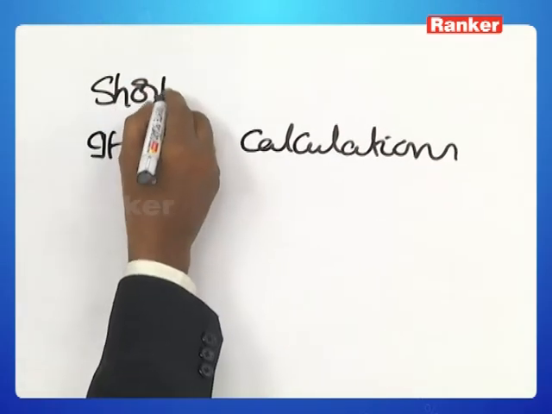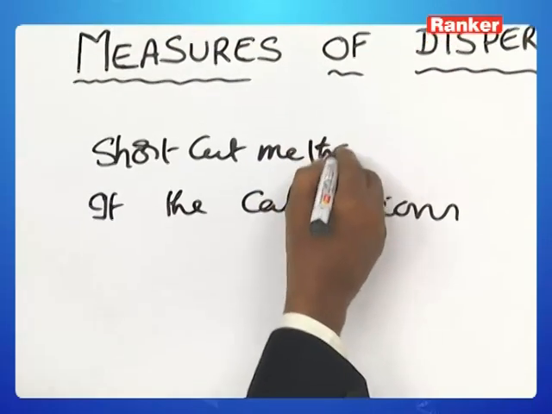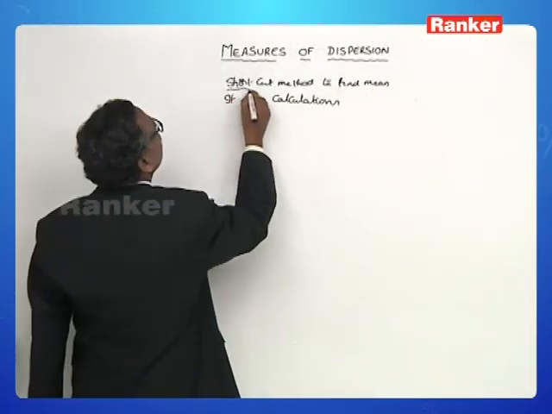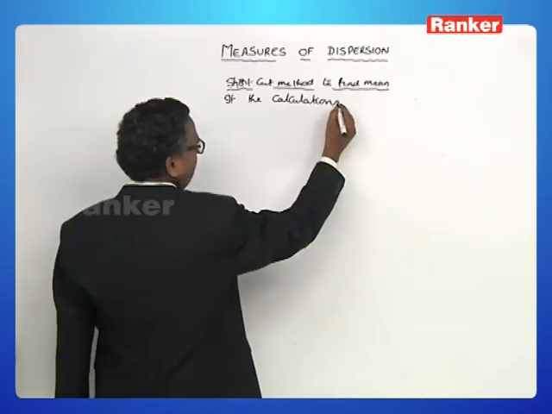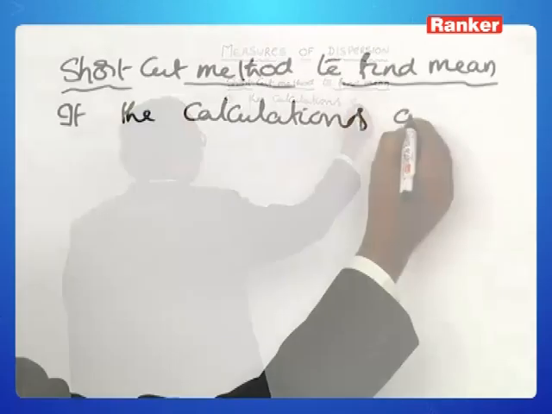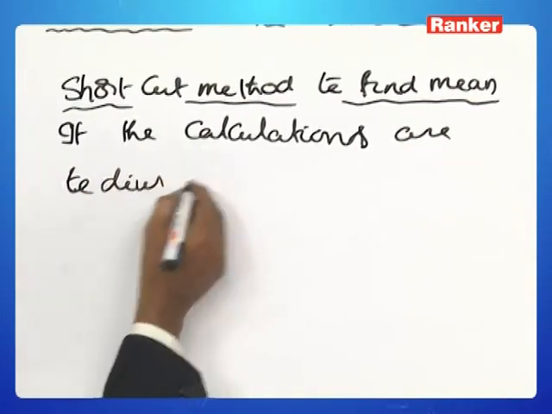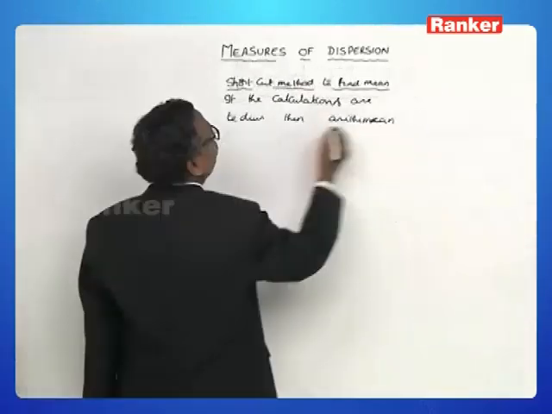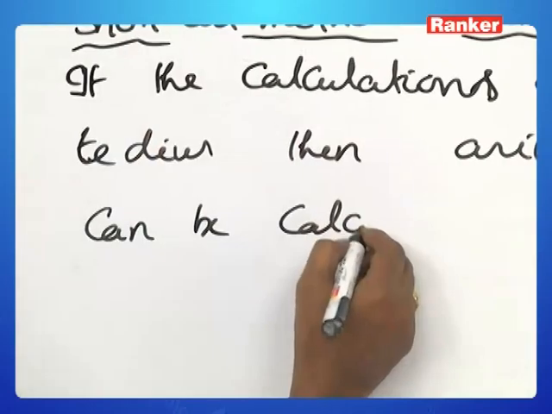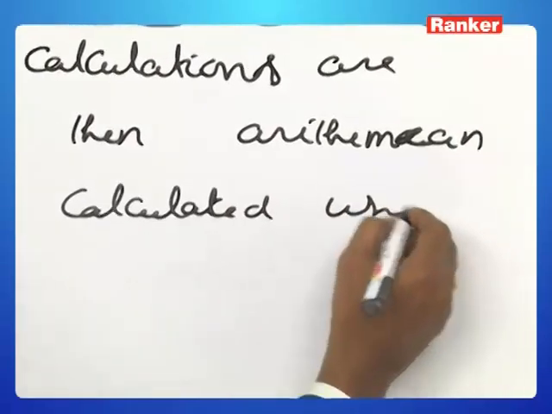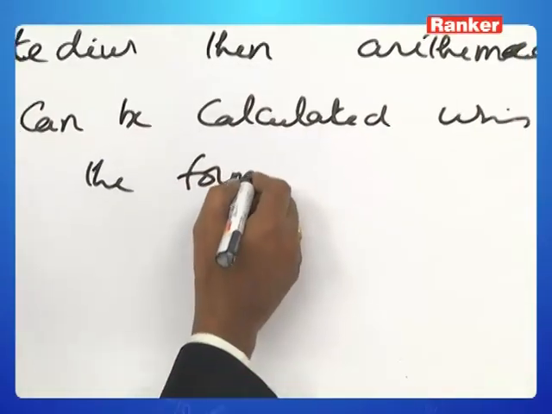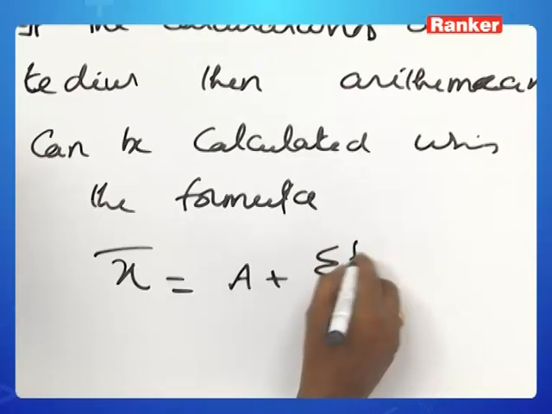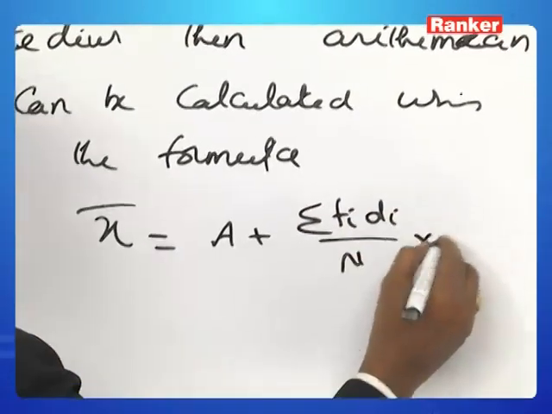The arithmetic mean can be calculated using the formula x bar is equal to a plus sigma Fi di divided by n, into c.